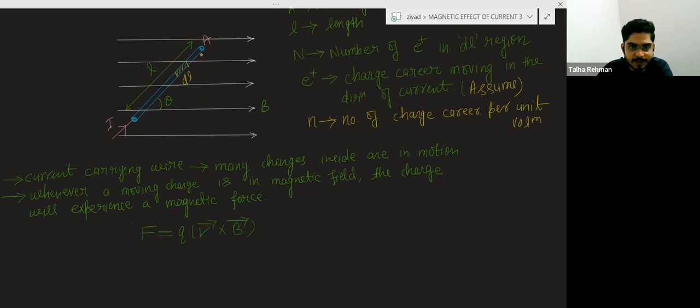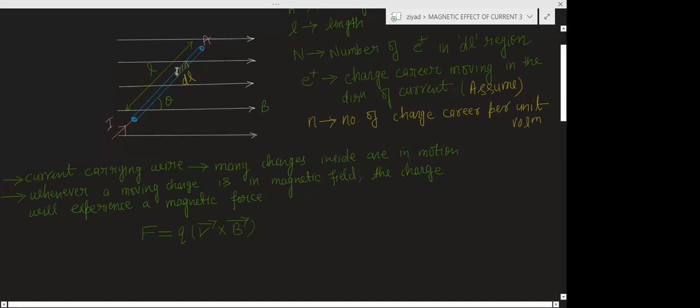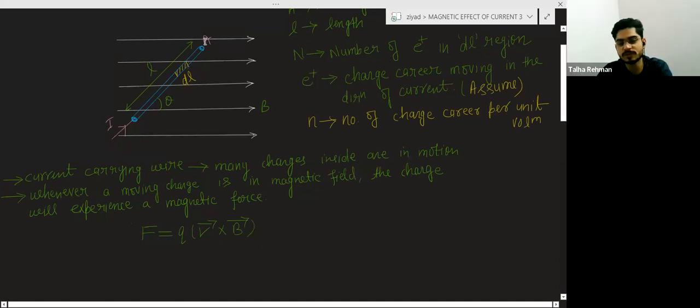This region has a very small length dl, a very small element of the wire. This dl length has cross-section area A, because this is a cylindrical wire, so throughout the wire the cross-section area will remain the same. I am first calculating the volume of this dl region.